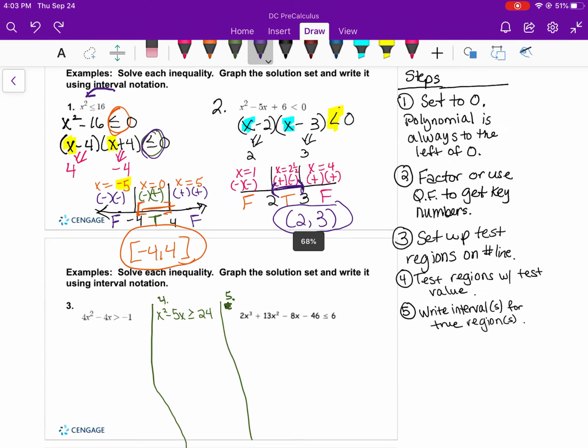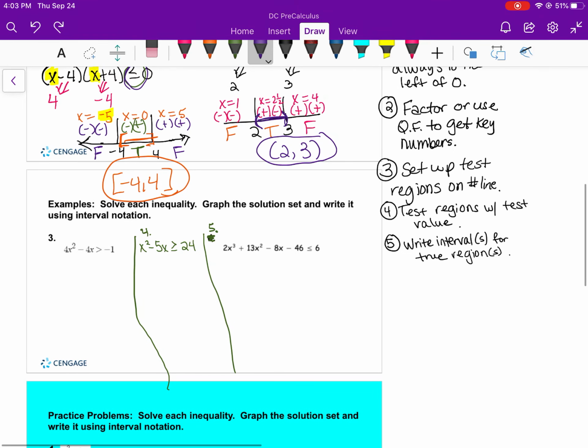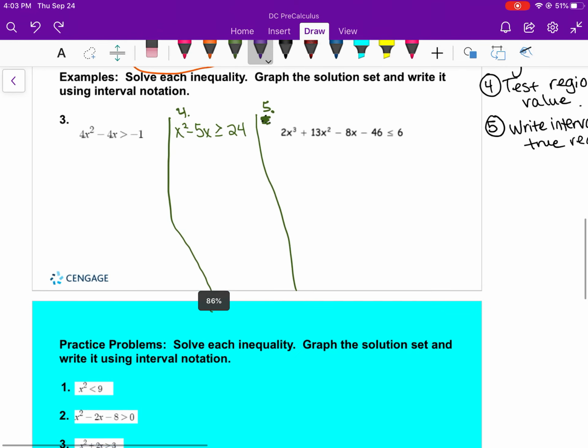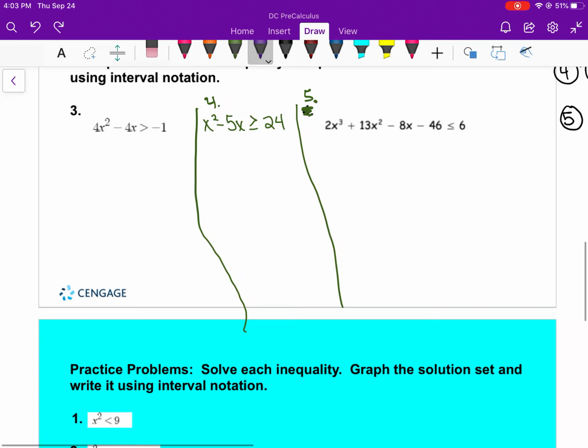Okay. Let's try one that has greater than. So number 3, I'm going to go ahead and factor that, but first I'm going to get it set to 0. All right, so if I factor that, factors of 4 that add to negative 4 are negative 2 and negative 2.